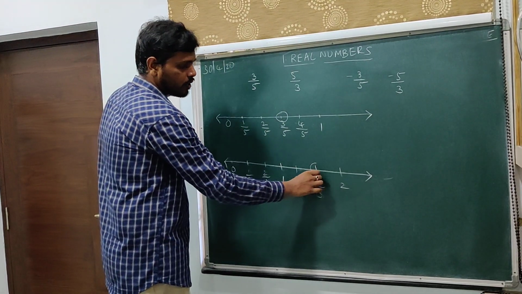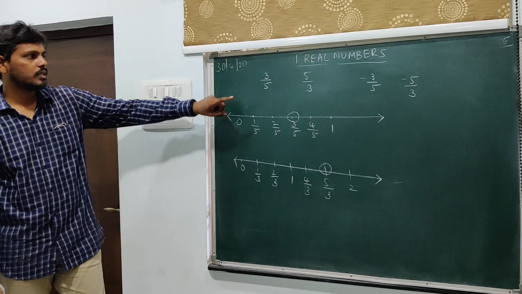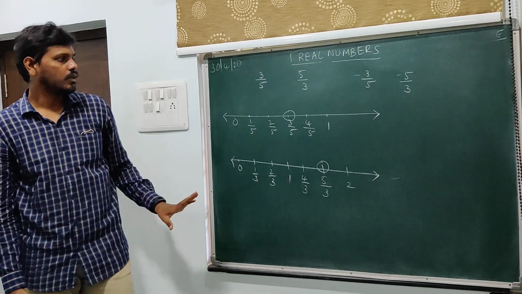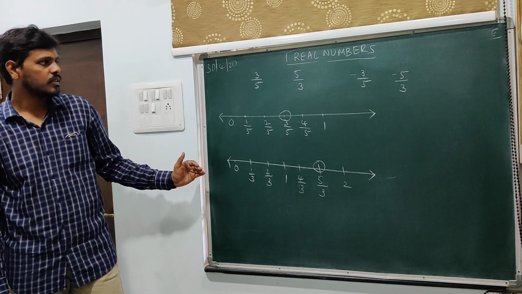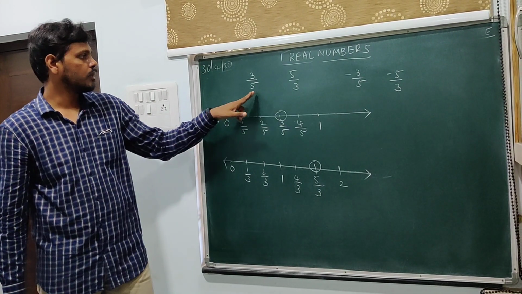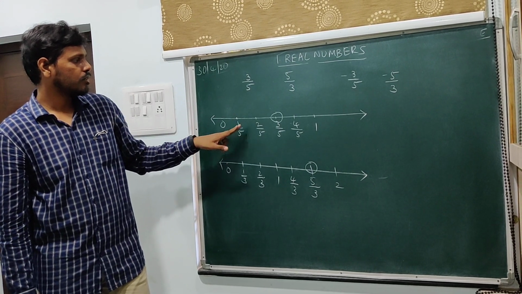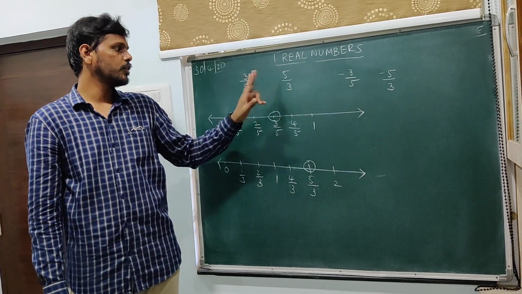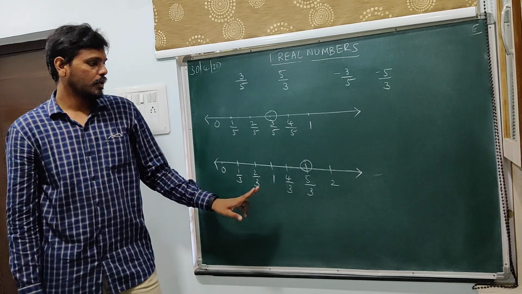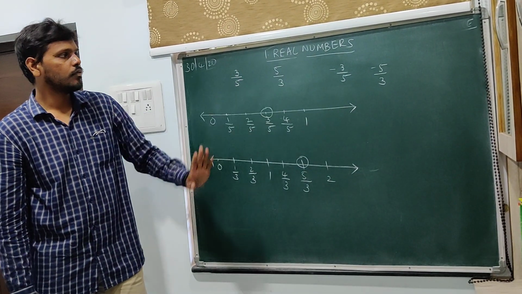So this is 5 by 3. This is the way we represent these two rational numbers on the number line. Here our focus is entirely on the denominator, where here the denominator is 5 and we start with 1 by 5, 2 by 5, 3 by 5. Here the denominator is 3, so 1 by 3, 2 by 3, and so on. So this is the way we go about 3 by 5 and 5 by 3.